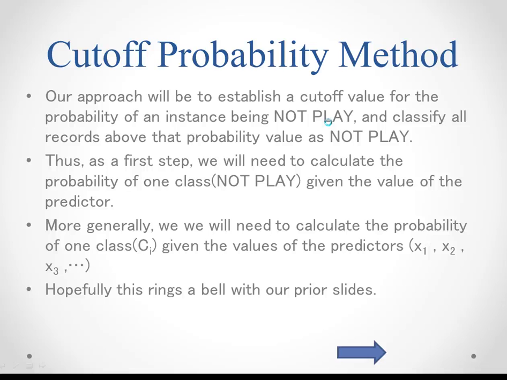Even though this is 30 and this is 70, I might want to change the cutoff for cancer so that if it's 0.05 or above, then I'm going to classify them as cancer.